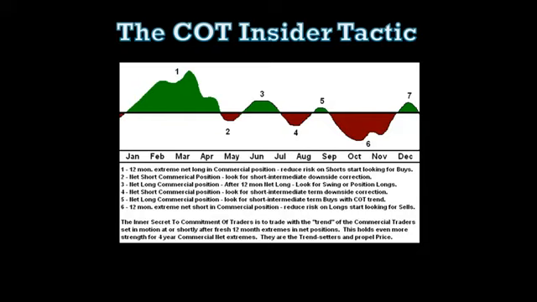Point number 3 is a net long commercial position, and after the 12 month extreme, as we see in point 1, the trend is now engineered by the commercials. So this is the ideal condition to be buying in.